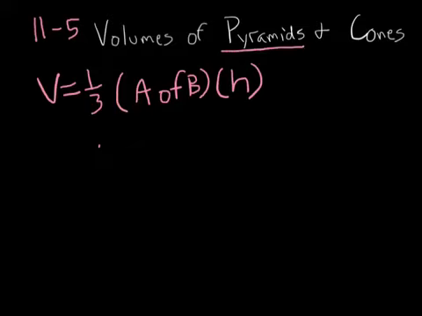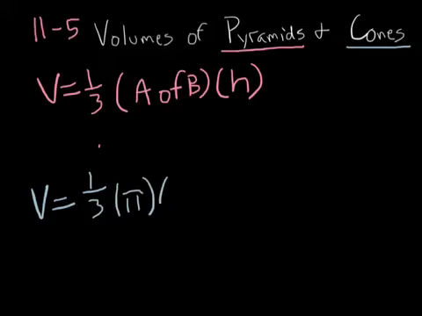Okay? The volume of a cone is equal to 1/3 times pi times radius squared times height. Okay, so basically the two equations that we're working with today are identical to the ones that we learned yesterday.